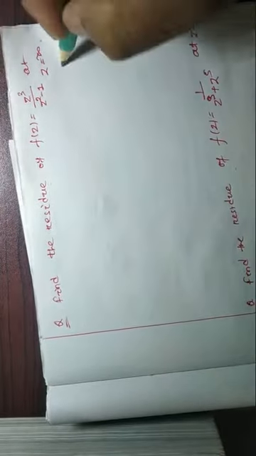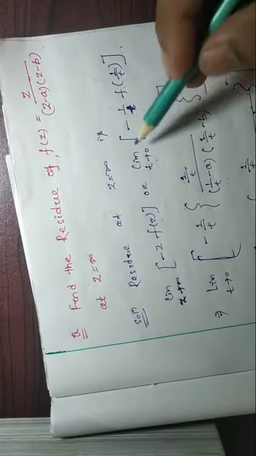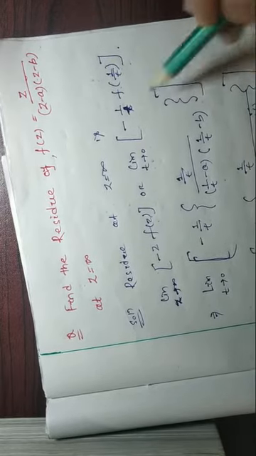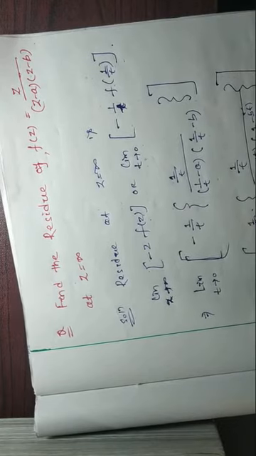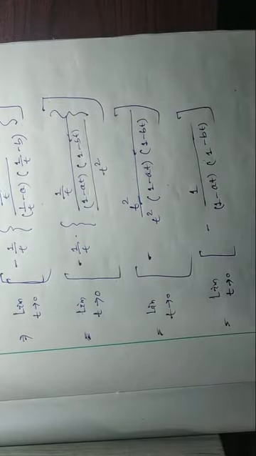So now the task for you: find the residue of this one. Check this one and this one. First, try to find this one. You have to write it in this format: 1 by limit, t tends to 0, this one. After doing this, if you get the answer, okay. If you do not get the answer, meaning the does-not-exist situation, then you have to consider the expansion at t equal to 0 of the original function.